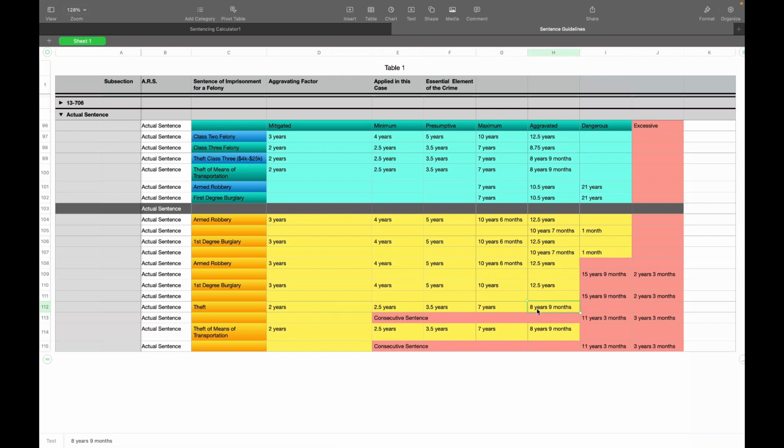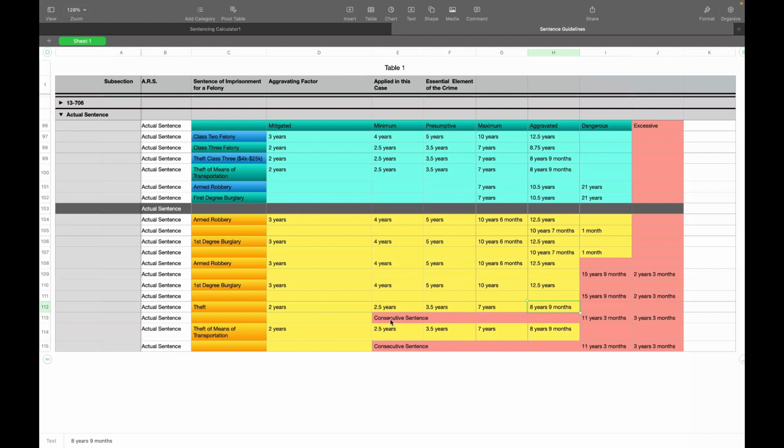In this case, the theft here, he was sentenced to 11 years, 3 months. 3 years, 3 months over the aggravated sentence term allowable on the first time felony offense.